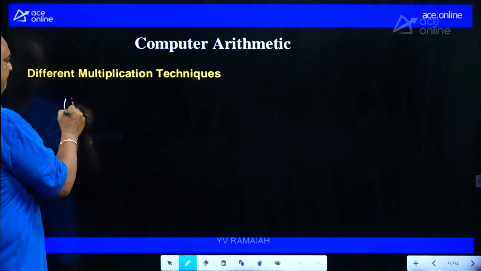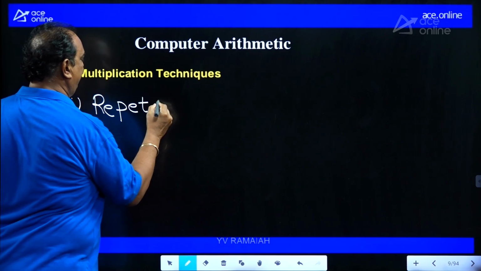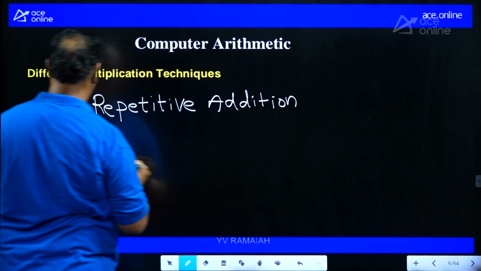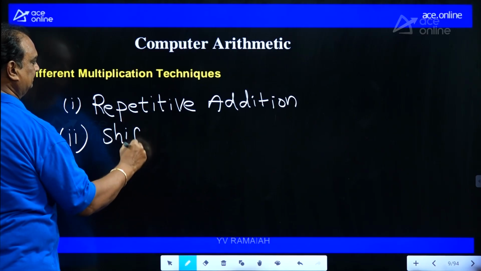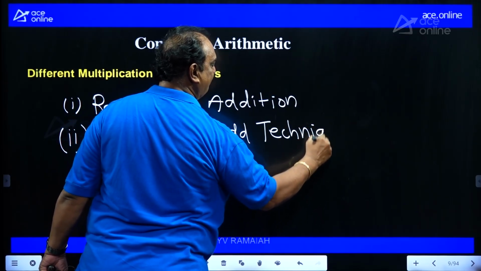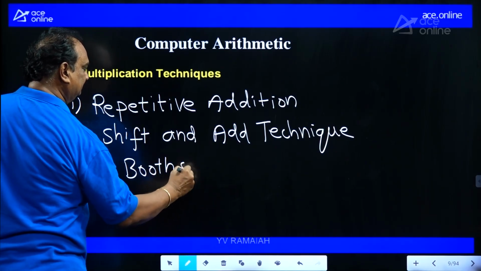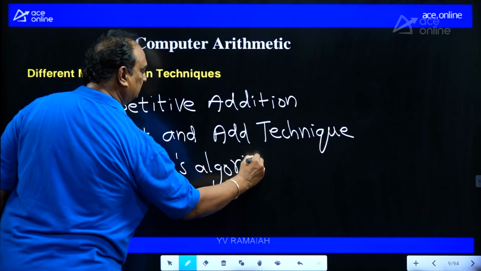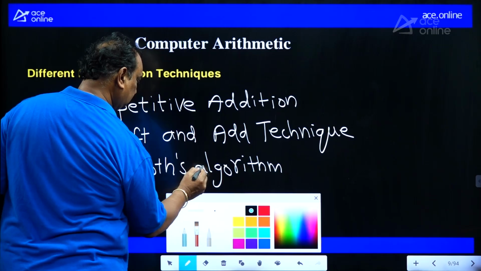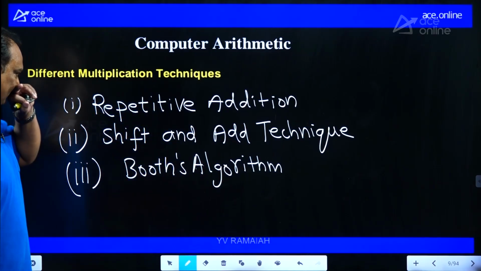First one, repetitive addition. Second one, shift and add technique.